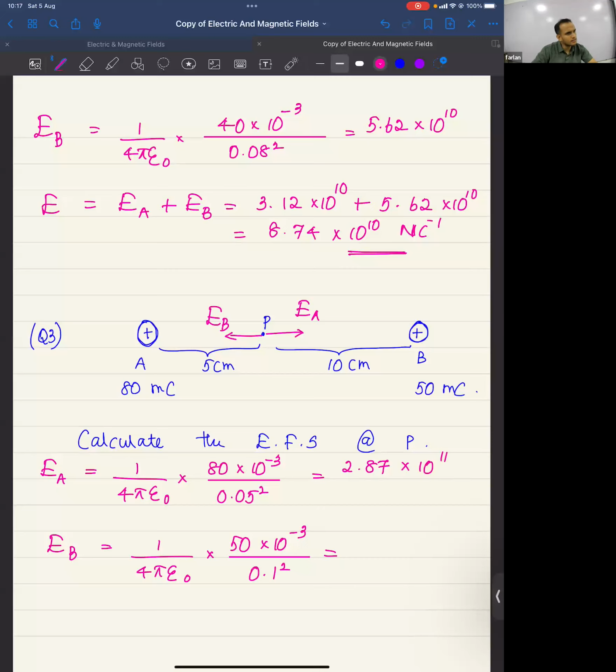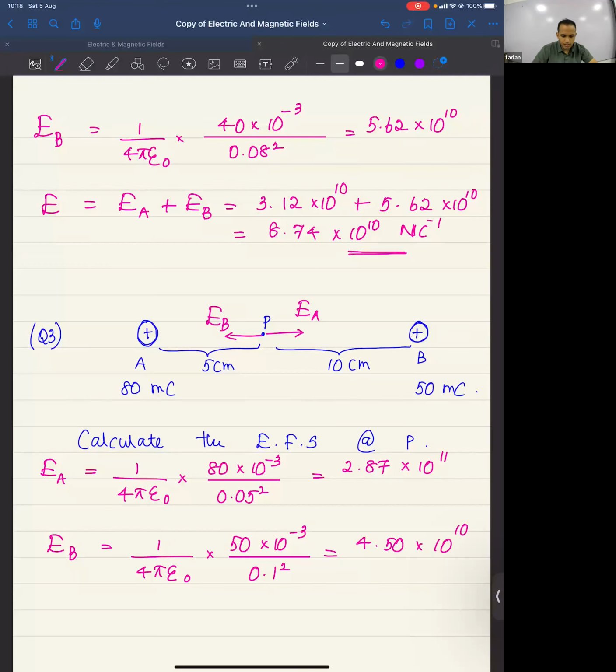Which is 2 point? 4 point? Give me two decimal places. 4.50 into 10 to the power 10.